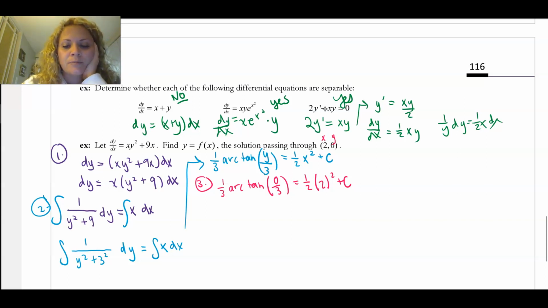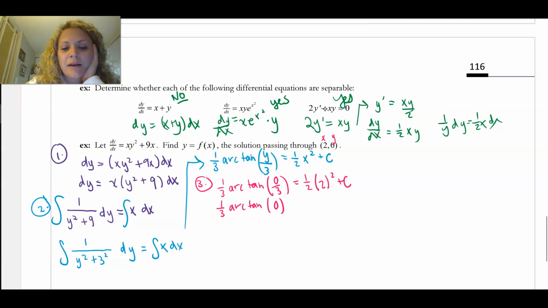I don't think it's actually going to make this any easier. So here's why. When we think of what is the arctangent of 0, because 0 over 3 is just 0, what I'm really thinking about is in radians, the tangent of what angle between negative pi over 2 and pi over 2 is 0.